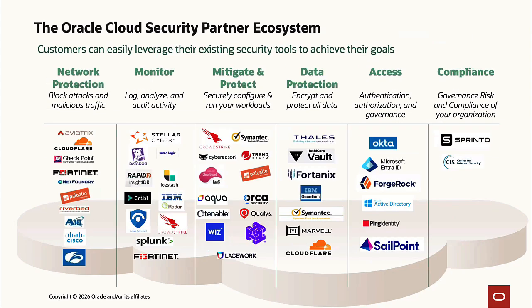But just like everything else in life, there's not one solution. And due to that, we have a variety of partners that have the ability to enrich and enhance the security experience on Oracle. And this is extremely important, especially in today's world of multi-cloud, where our customers are running multiple clouds. And to have a single pane of glass for certain environments is extremely straightforward.